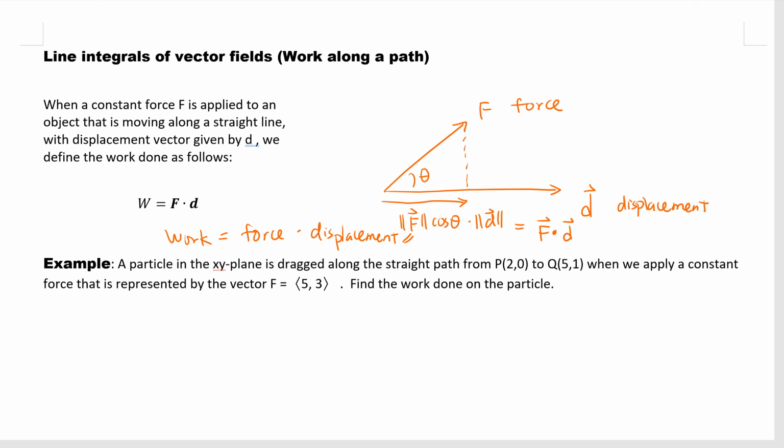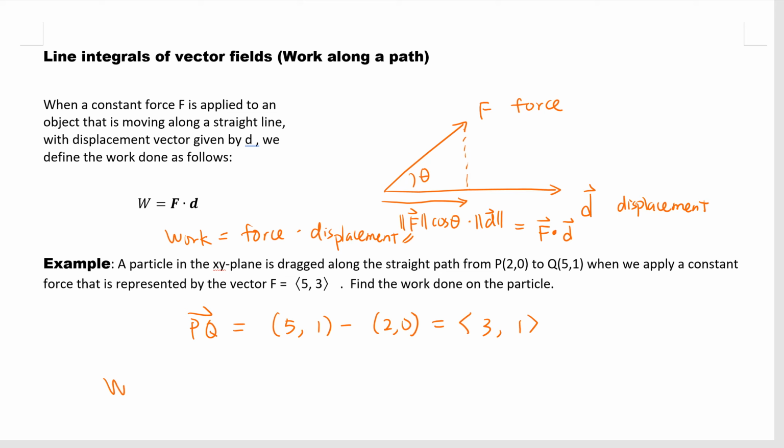A particle in the xy plane is dragged along the straight path from the point P(2,0) to Q(5,1). We apply a constant force represented by the vector (5,3). Find the work done on the particle. First, let's figure out the displacement. We use Q minus P: 5 minus 2 is 3, 1 minus 0 is 1.